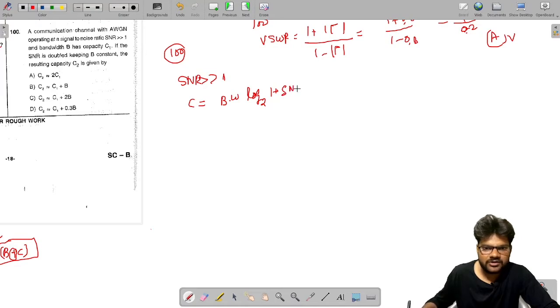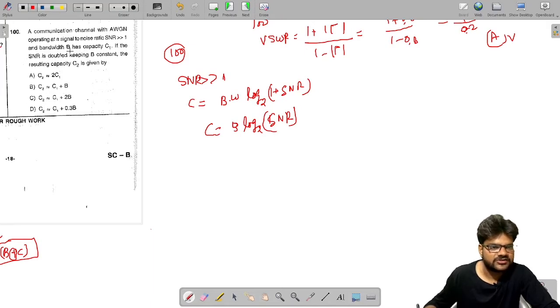So bandwidth we are given B, and since SNR is much greater than 1, so 1 will be neglected with respect to this SNR. So we can write B log 2 only SNR, right? So this is the channel capacity.